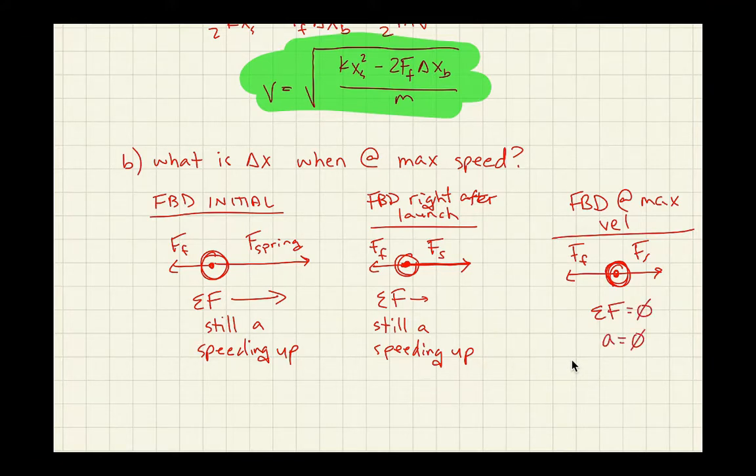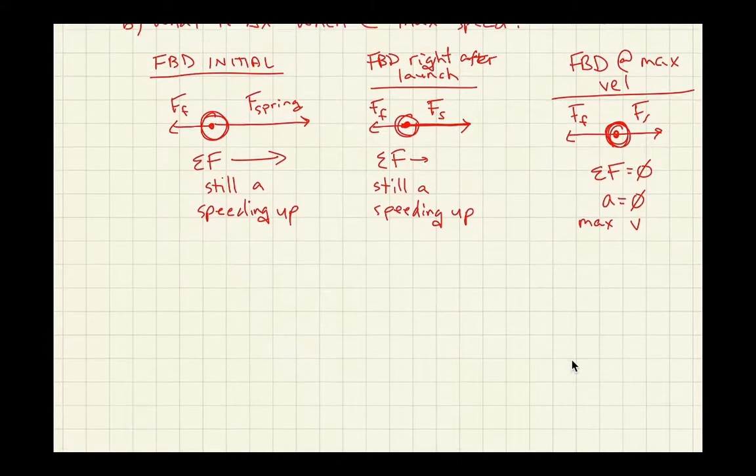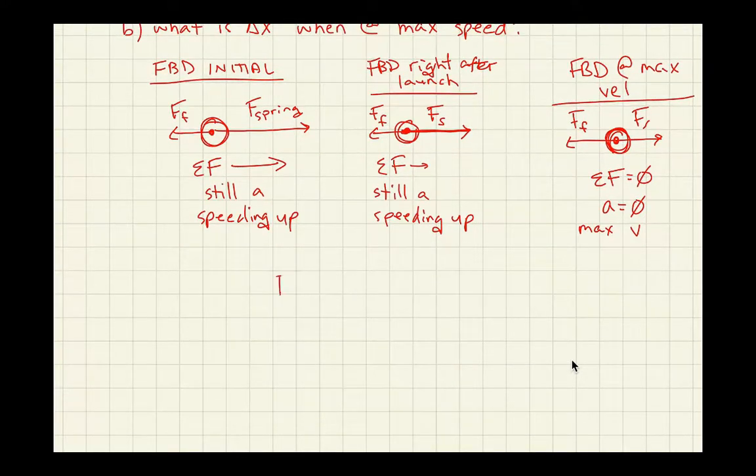We're now moving at our max velocity. So this question is asking, at what point will the spring force be equal to the frictional force? This is saying at this point, the force of the spring is equal to the force of friction.